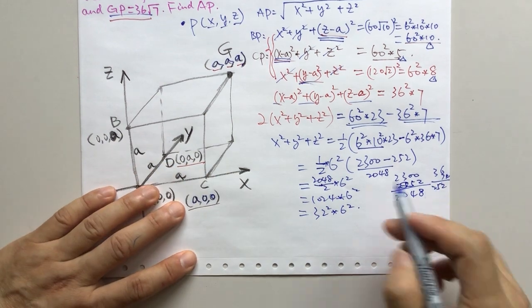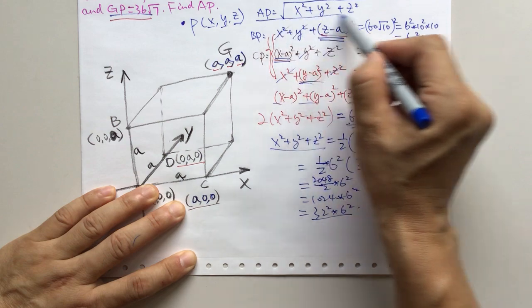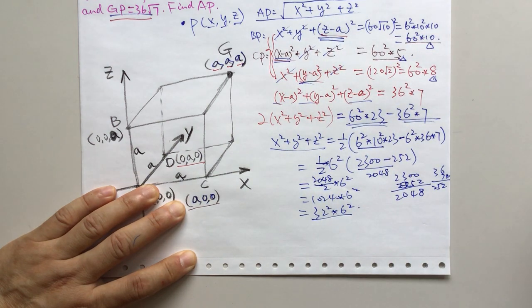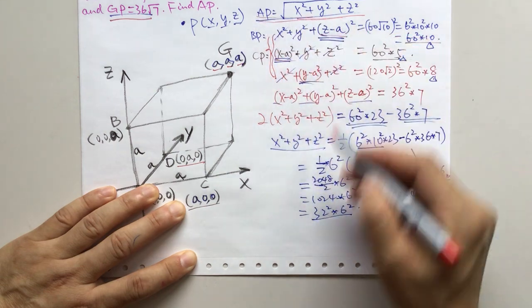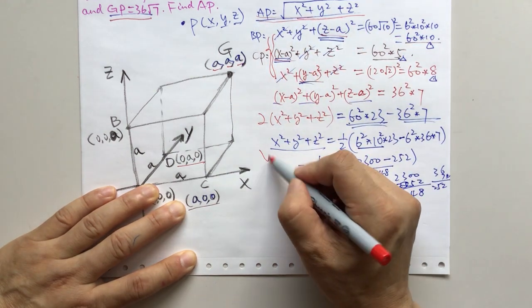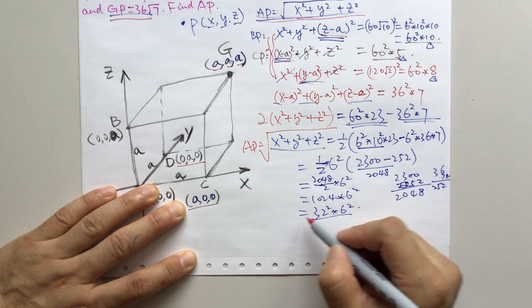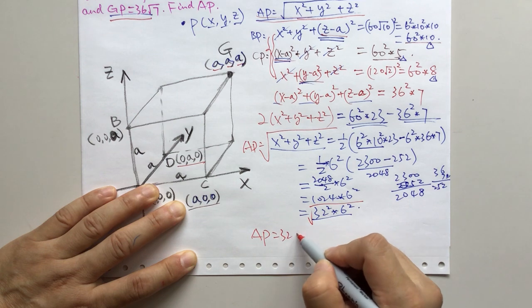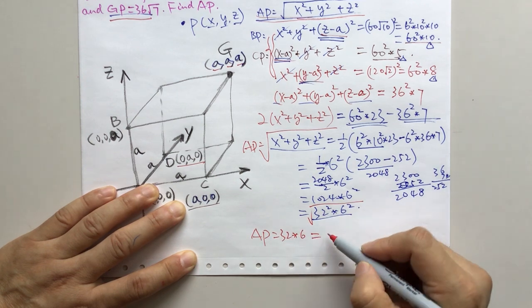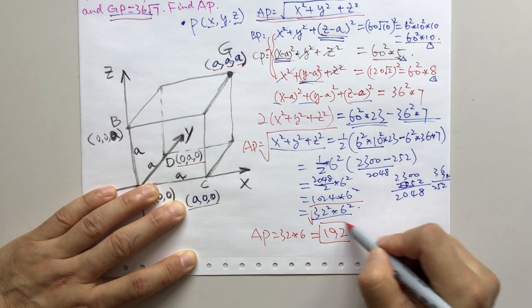Now we know the square root of this, because finally we want to find AP. AP equals the square root of this, so AP equals 32 times 6, which is 192.